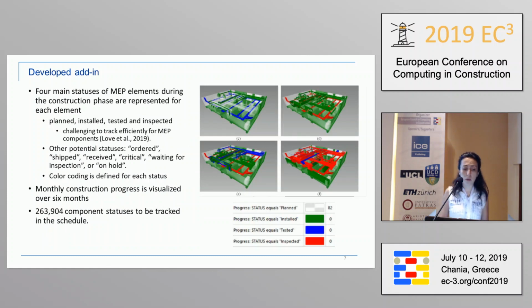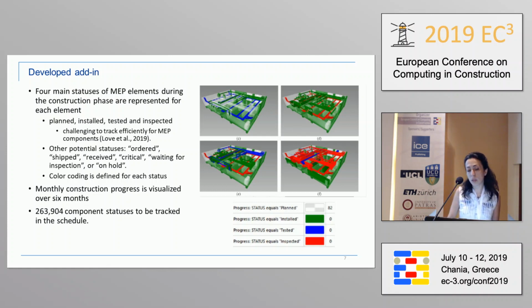So the four main statuses that we represented for the MEP elements were planned, installed, tested, and inspected. The planned ones are shown with gray color, and the installed ones are in green. The tested ones are in blue, and the inspected ones are in red.